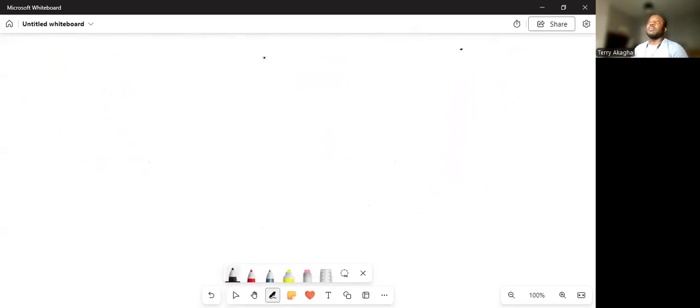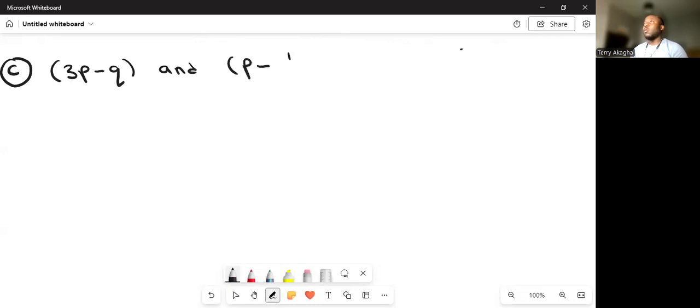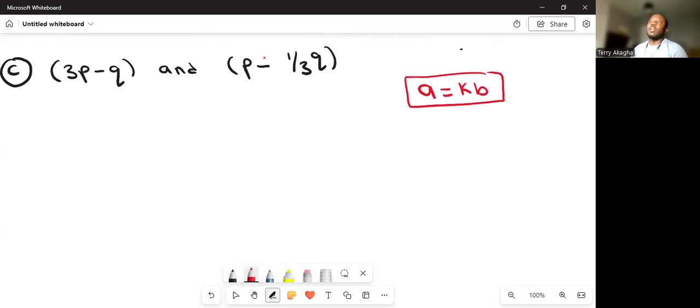So C, we have 3P minus Q and P minus 1 over 3Q. Are these parallel? So we'll do the same thing. If two vectors are parallel, A must be equal to what? KB. A must be equal to KB. So let's go.